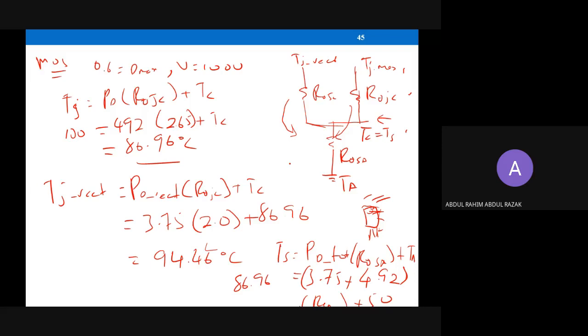So is it sufficient or not to limit your MOSFET junction temperature up to 100 degrees C? So the heatsink is sufficient or not? So 3 degrees C is okay or not? Anybody? Yes?